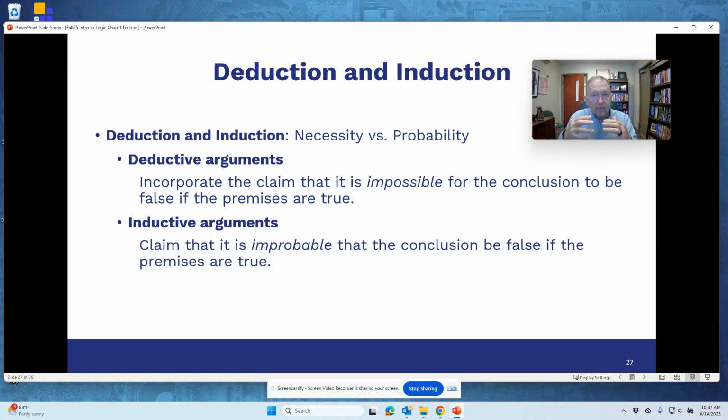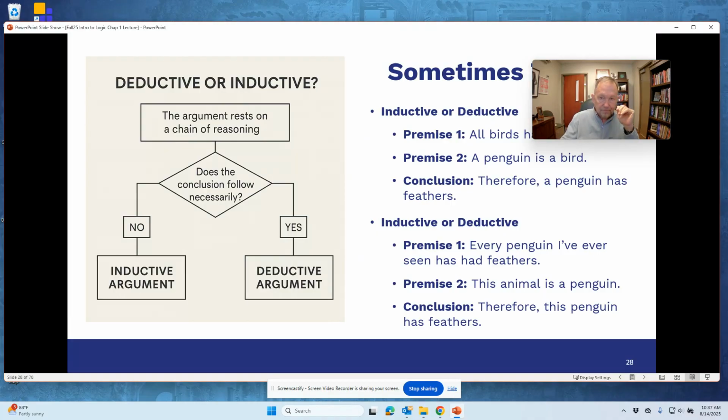But a lot of logic is used in arguments that are probably true. And then we argue about the degree of probability, all right? So hopefully that gives you a basis for understanding deductive versus inductive arguments.